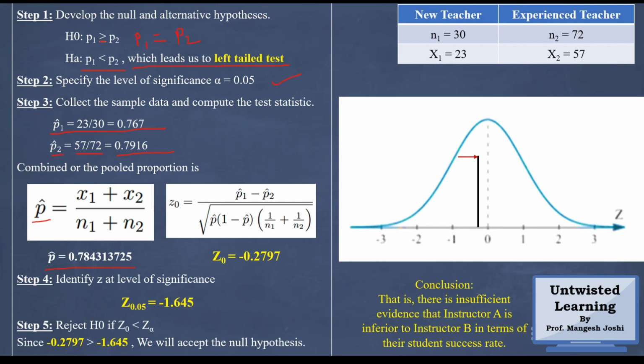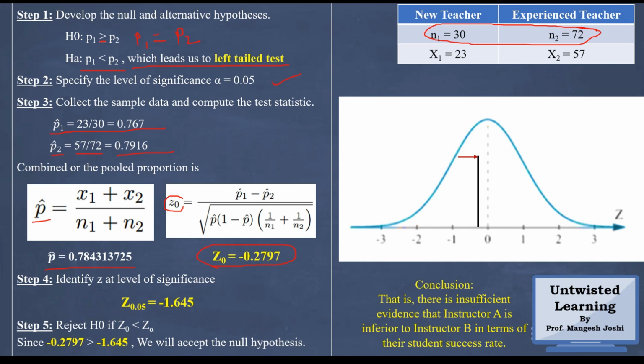And calculate the Z statistic. Since the sample sizes are greater than or equal to 30, you are using the Z statistic. So the formula is P1 minus P2 divided by the square root of P bar into 1 minus P bar into 1 by n1 plus 1 by n2. So using this formula, Z0 comes out to be minus 0.2797. So identify Z at the level of significance.